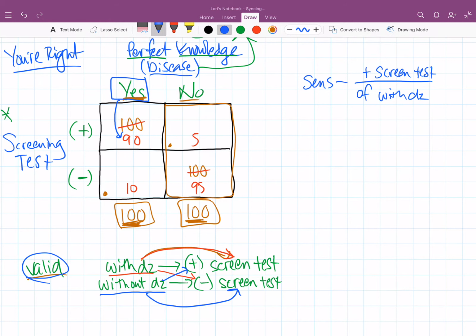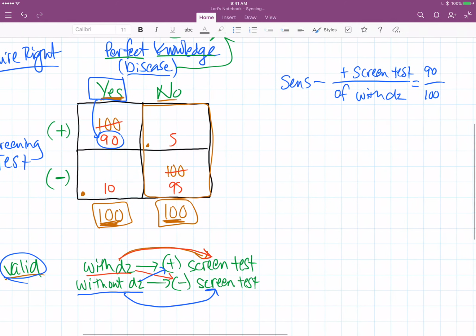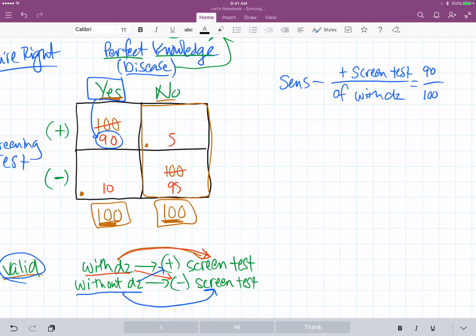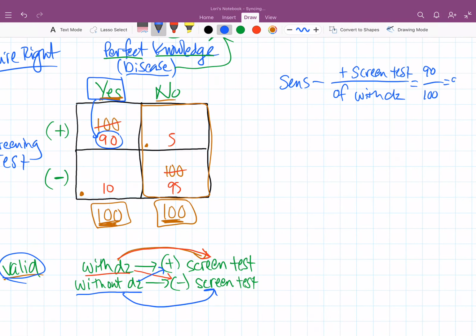And so here we have, of the people with disease, in this particular example, we have 100, and we had 90 with a positive screening test. So what that means is that our sensitivity is equal to 90%. And that's good. We want to pick up on the people with disease. We want our test to be sensitive to those who have the disease.